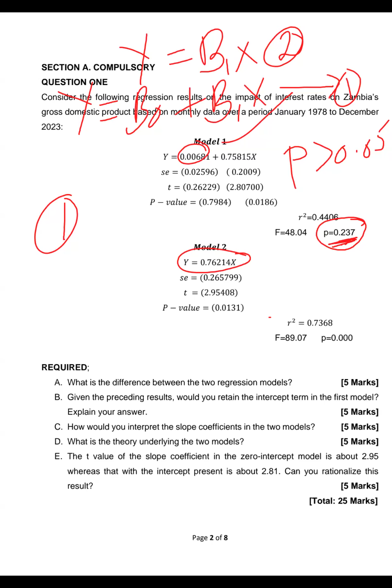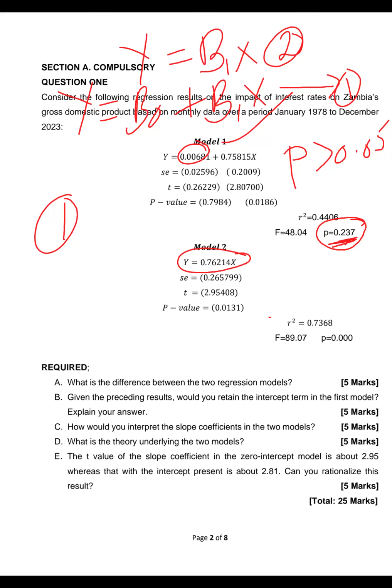If it is correctly specified and it really captures properly all the variations in the dependent variable, you find that the p-value will be less than 0.05. You get that one, right? Yes, I'm getting it.